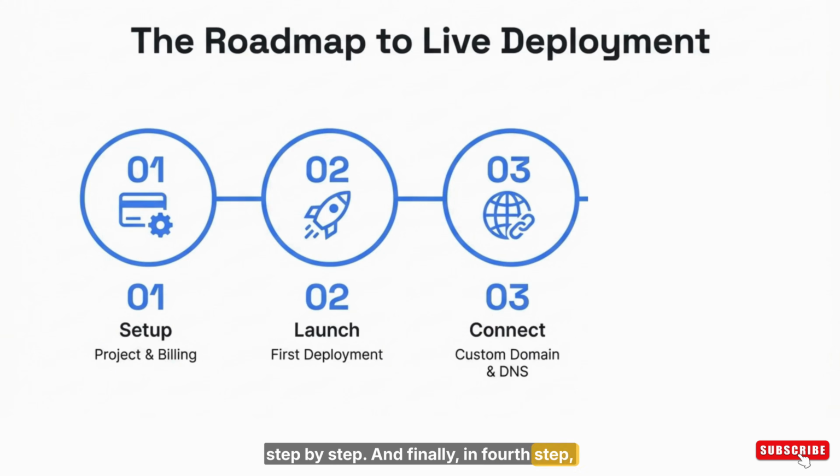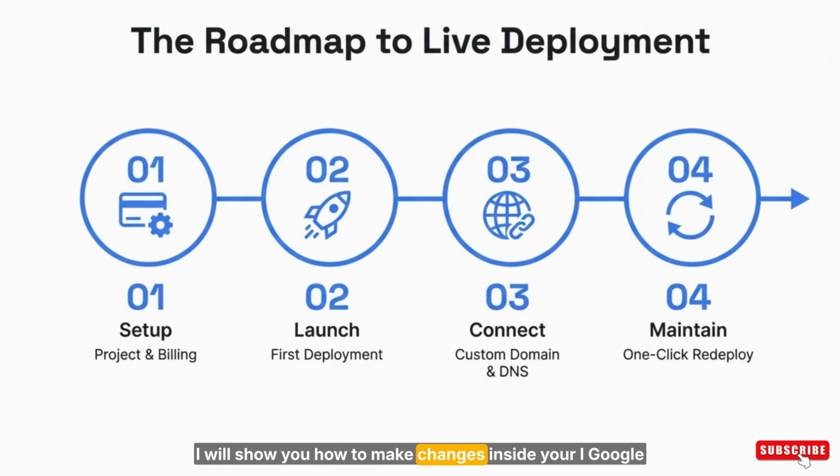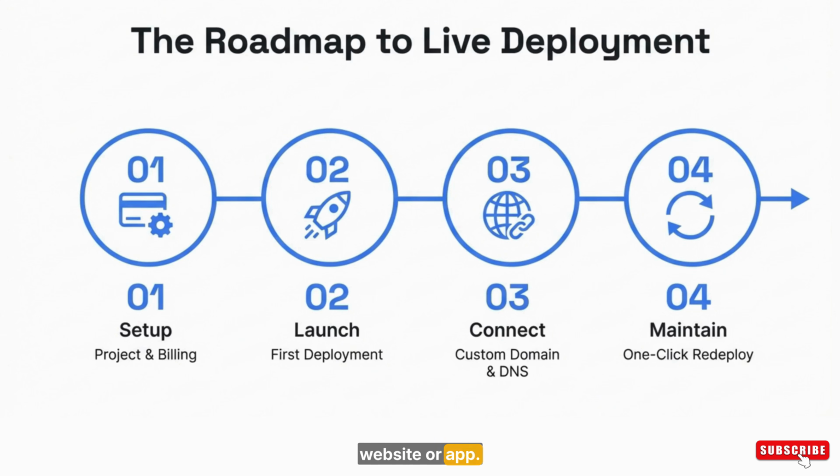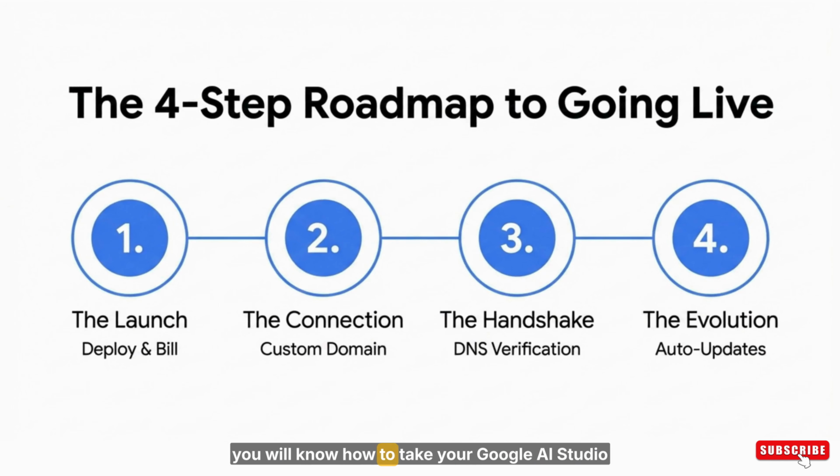And finally, in the fourth step, I will show you how to make changes inside Google AI Studio and redeploy your website or app, so updates go live automatically without touching DNS again. So by the end of this video, you will know how to take your Google AI Studio websites and apps from development to fully live and professional.